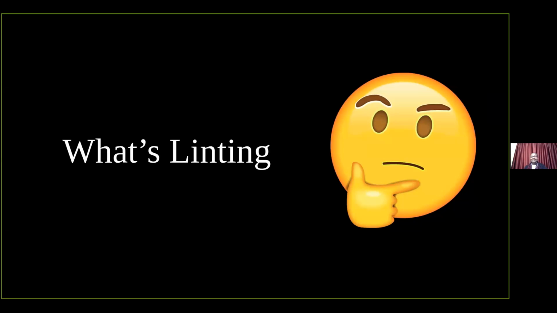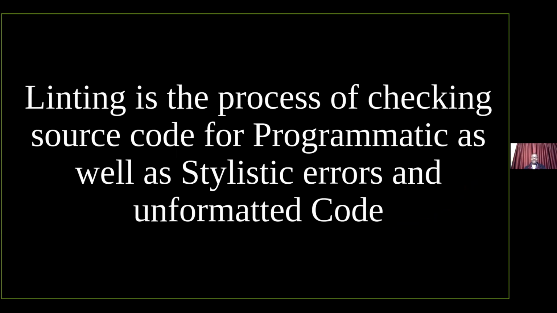So what's linting? Linting, as the word goes, is the process of checking the source code for programmatic errors as well as stylistic errors. For example, when you're writing your code, you might have encountered that you've done something wrong, or imported a package but not used it.